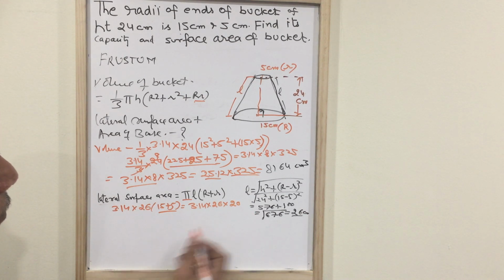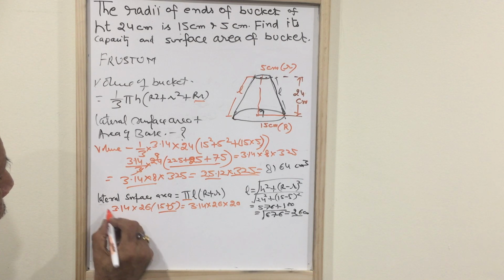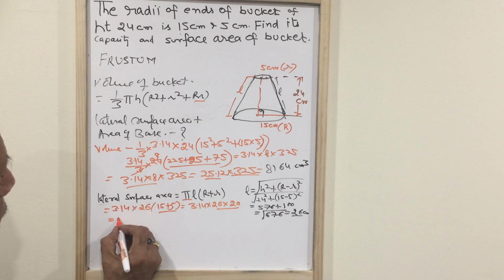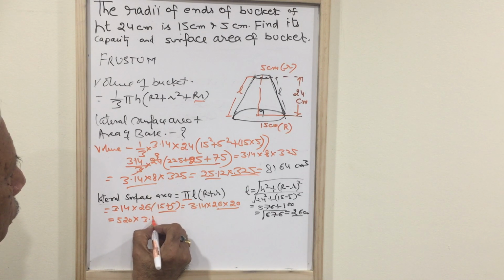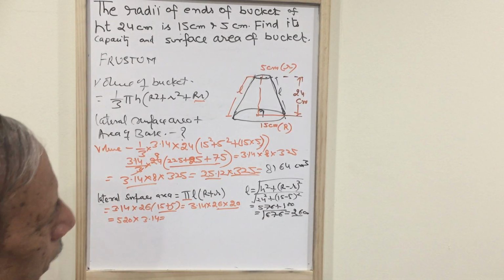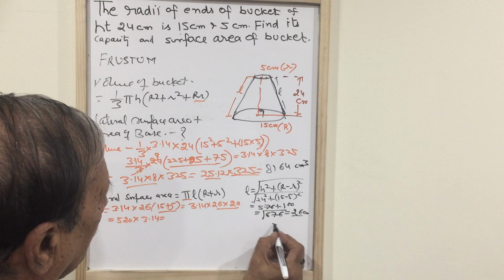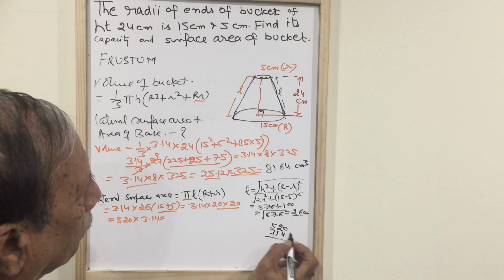Then if we multiply 520 and 3.14, we have to multiply further and find the value.